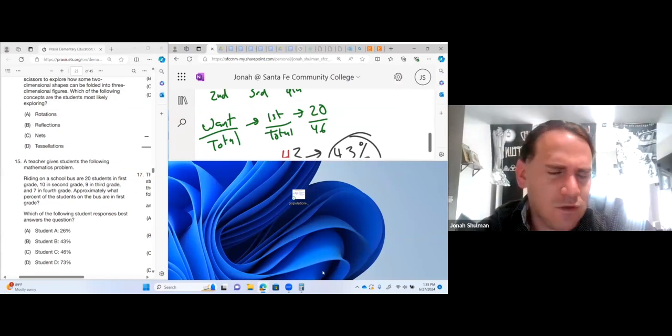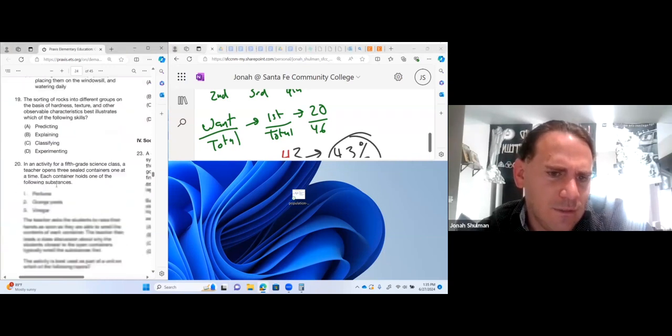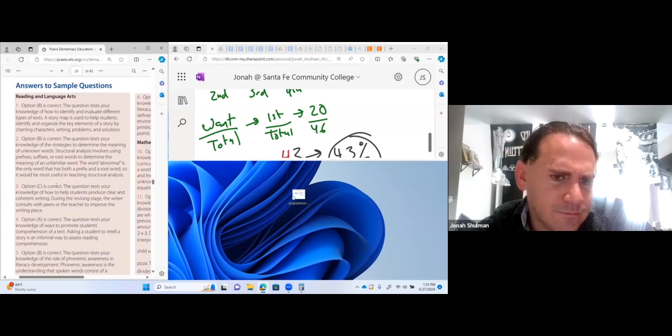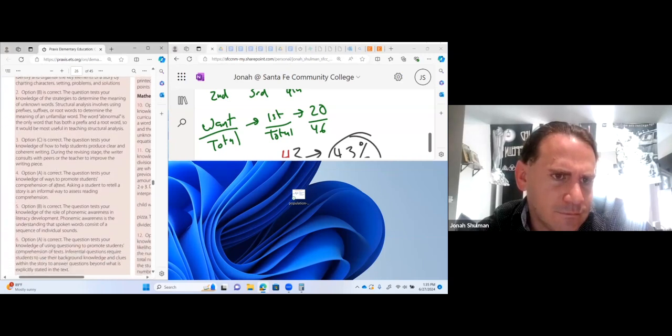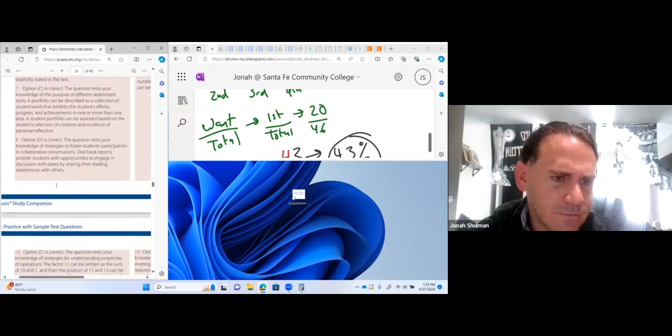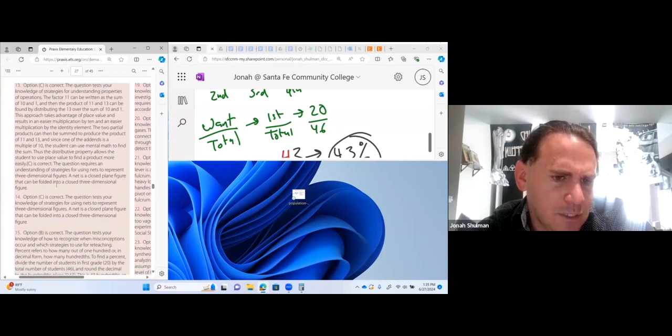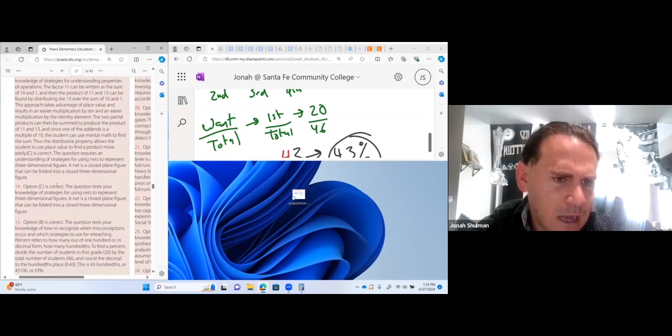All right, so let's double check this, make sure 15 is right, make sure it's 43. Fifteen says B. Option B is correct.